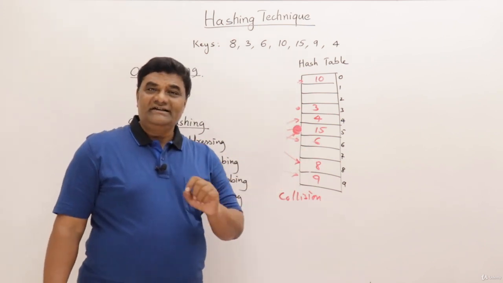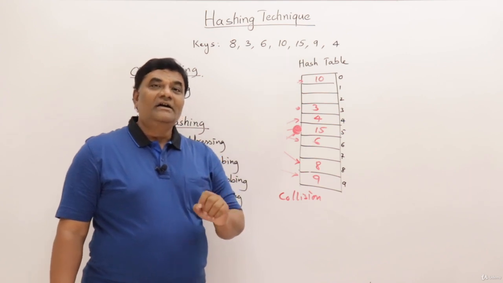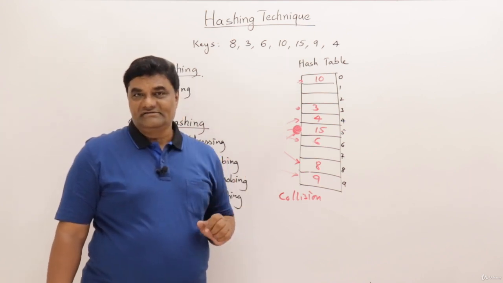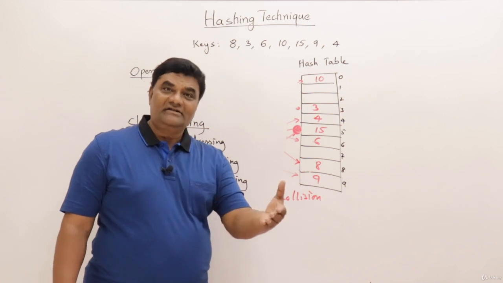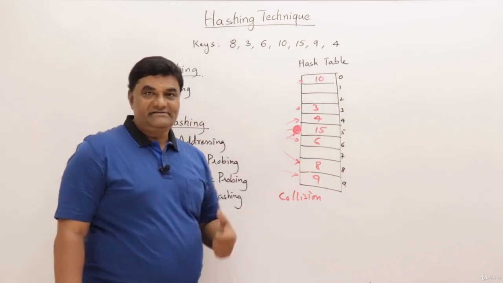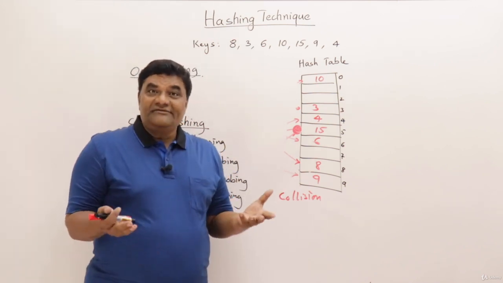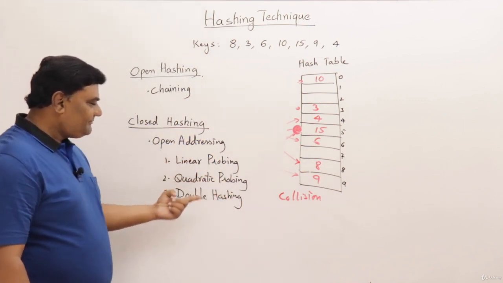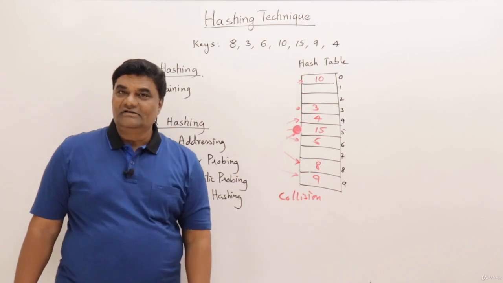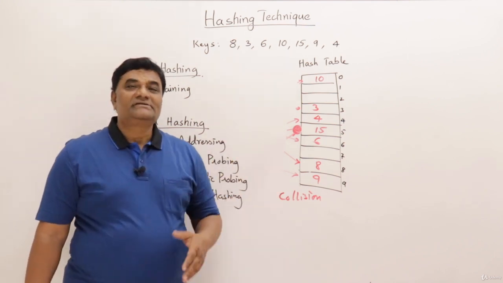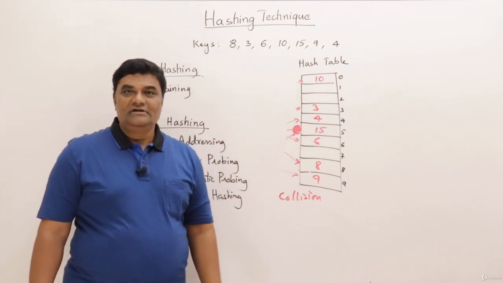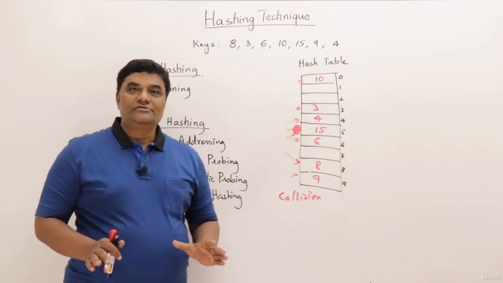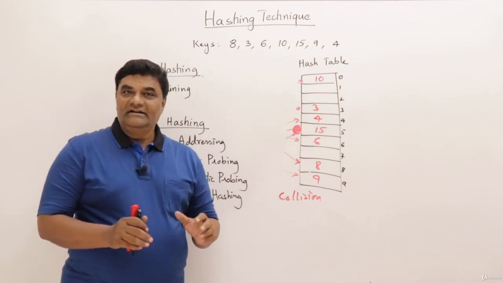We will not strictly store at the place where the hash function has given the address. We may store it at any other address. That's how this is open addressing. But the question is, where will you store? There are three options: linear probing, quadratic probing, and double hashing. We'll look at all these methods in the next videos. So that's all about the introduction to hashing and the ideal hash function.